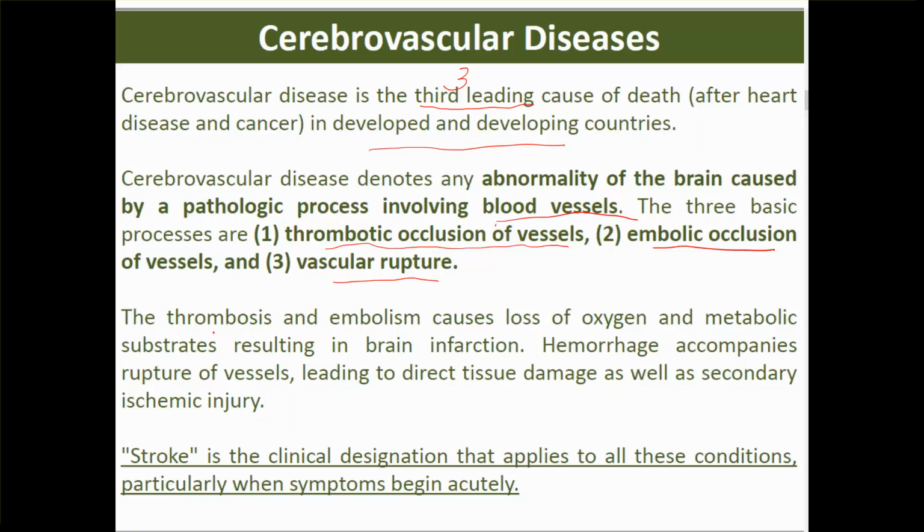The thrombosis and embolism cause loss of oxygen and metabolic substrates resulting in brain infarction. So there is reduced oxygen. Hemorrhage accompanies the rupture of vessels. So when there is a rupture of vessels, there is going to be hemorrhage, which will lead to direct tissue damage as well as secondary ischemic injury.